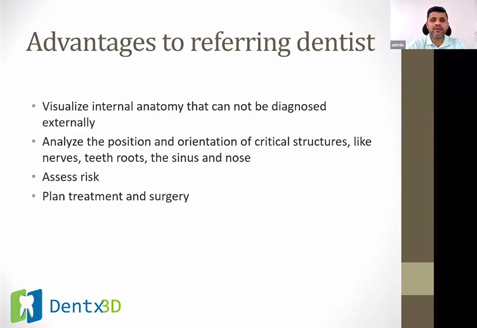We can also analyze where the nerve canal is, where the maxillary sinus is, where the roots of the adjacent teeth are, right? All these things can be analyzed. We can assess the risk if these are close to the bone, and we can plan the surgery accordingly.